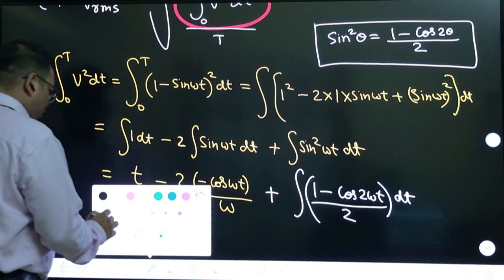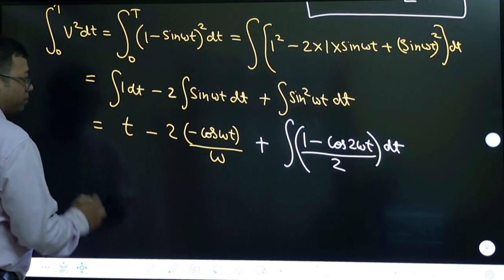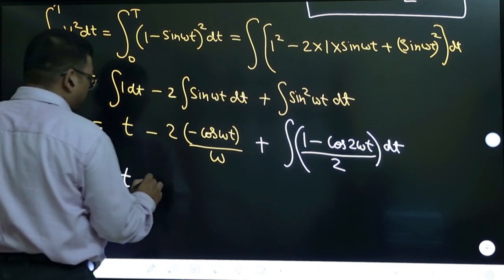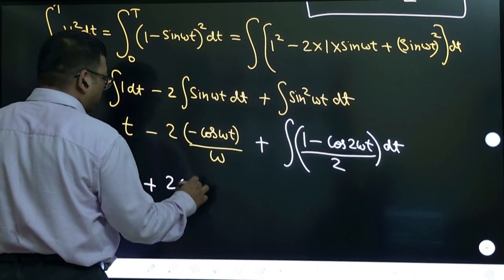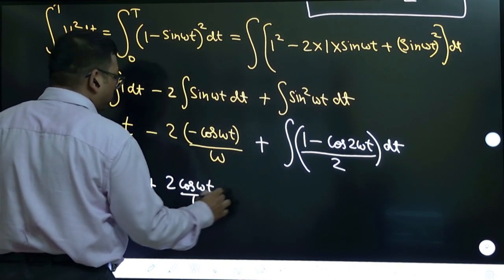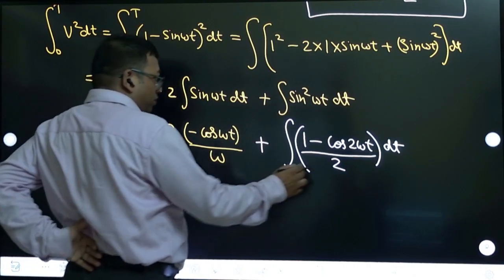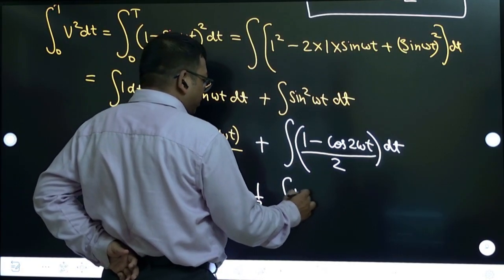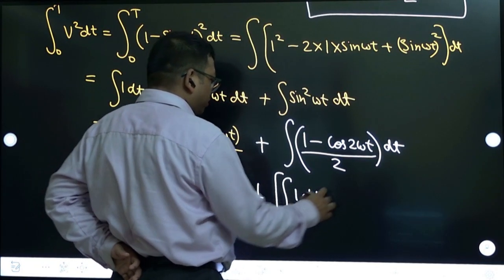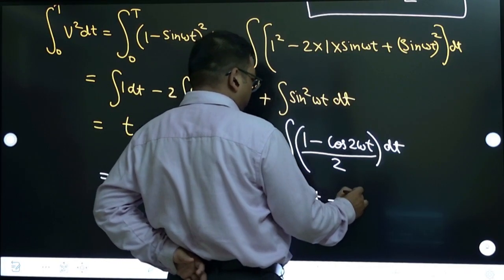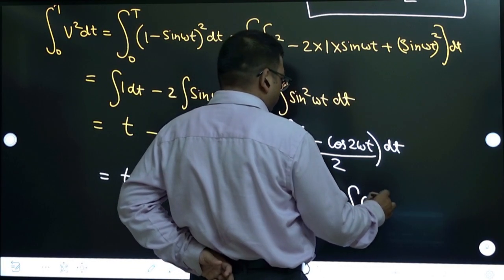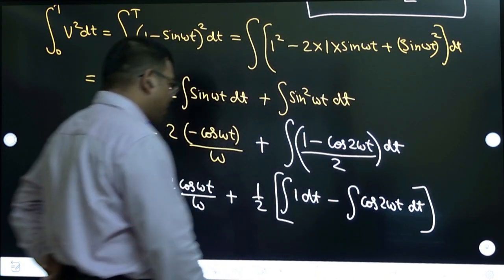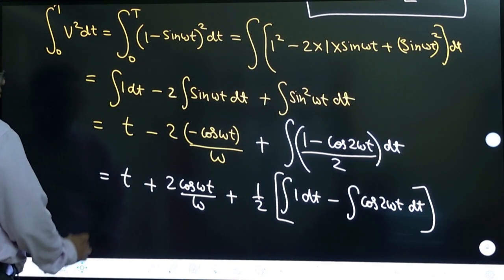So let us do that further. This is t plus 2 cos omega t by omega plus 1 by 2, which I will take outside, and again this 1 dt I will break into two parts, minus integration of cos 2 omega t dt.